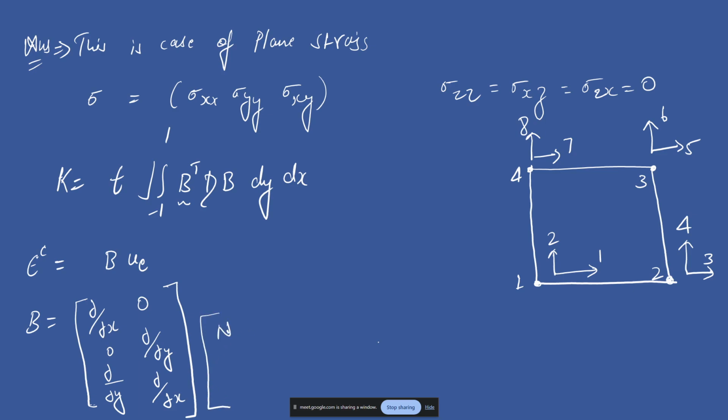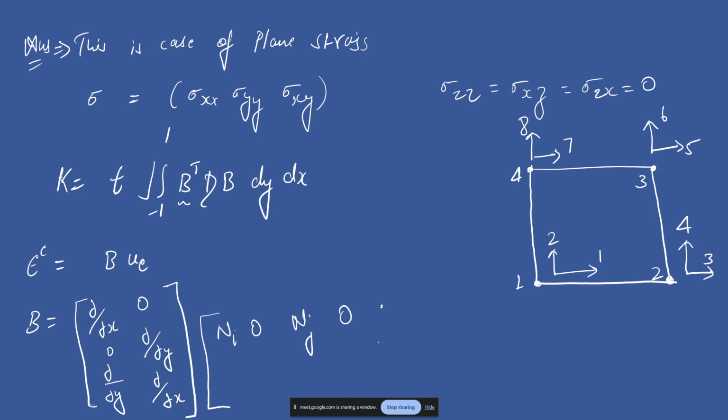It is given by N i, 0 and N j, 0 and N k, and this is 0 and N l, 0.